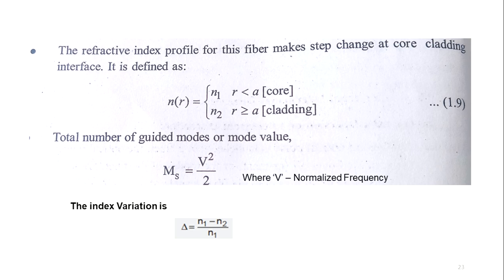With respect to radial distance r, the core radius a is compared: r less than a for the core, and r greater than or equal to a for the cladding. The total number of modes guided in the step index fiber, M_s, is equal to V square by 2, where V is the normalized frequency. And the index variation is delta equal to (N1 minus N2) by N1.